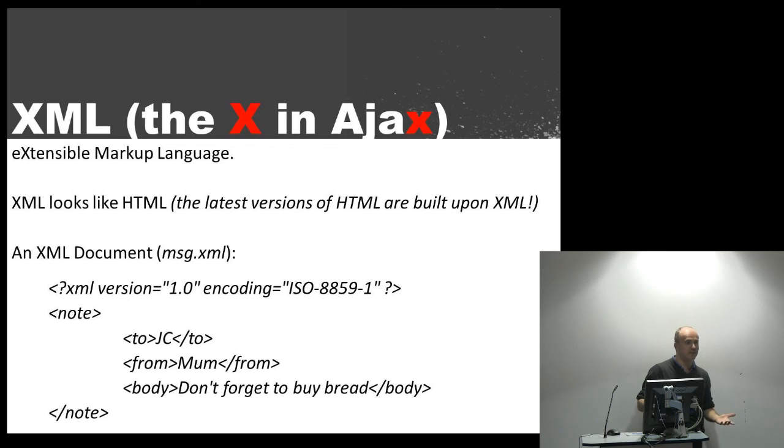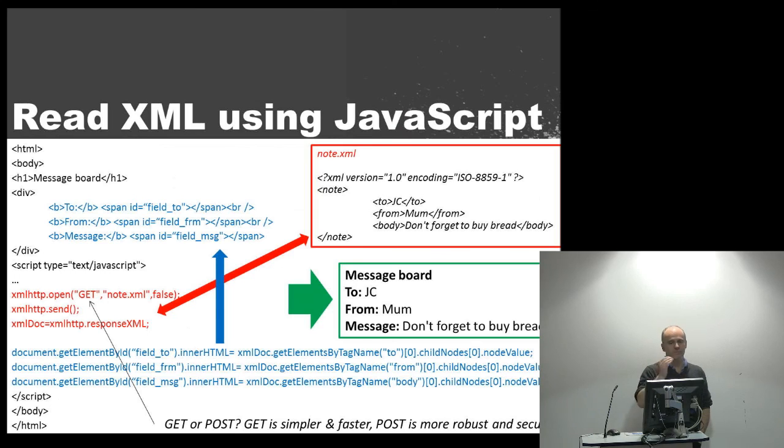So that's the beauty of XML, that you have a lot of tools which allow you to manipulate that. So that's why in the Ajax framework, JavaScript is basically working with XML. That's the preferred format for exchanging data with a web server.